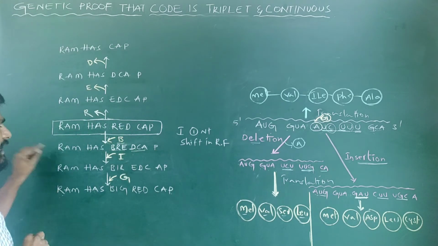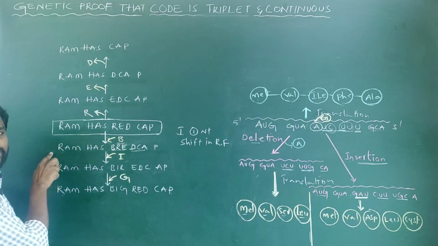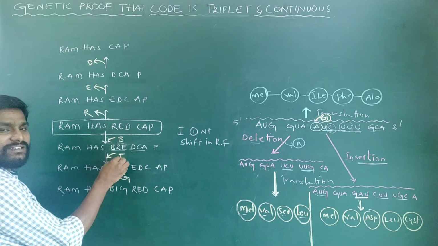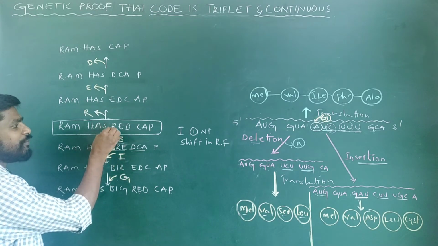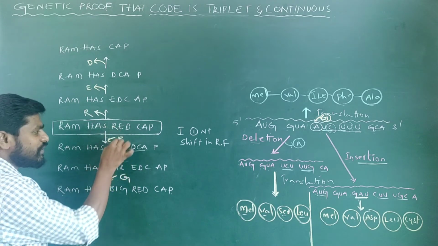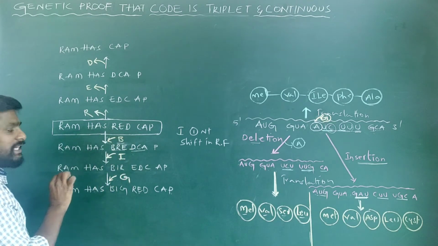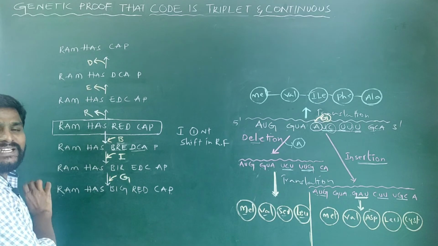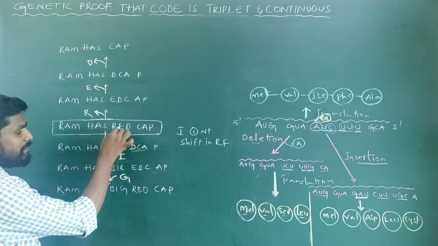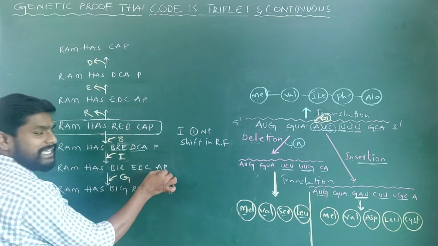If we come to the second case of insertional frame shift mutations, the insertion of 2 nucleotides occurs at this point, before that nucleotide R. Due to insertion of the 2 nucleotides at a time, there is a shift in reading frame in this statement as Ram has BIR EDC AP.